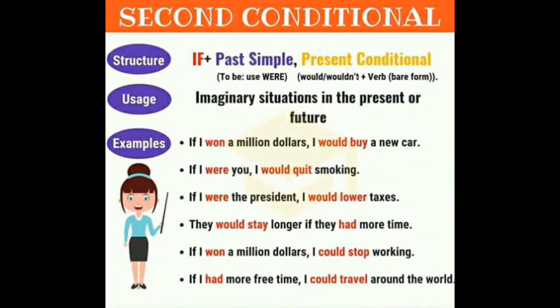As opposed to the zero conditional and the first conditional, which are real conditionals, the second conditional is unreal, that is imaginary. So for example, if I won $1 million, I would buy a new car. I imagine the idea of winning $1 million, then I imagine another result.